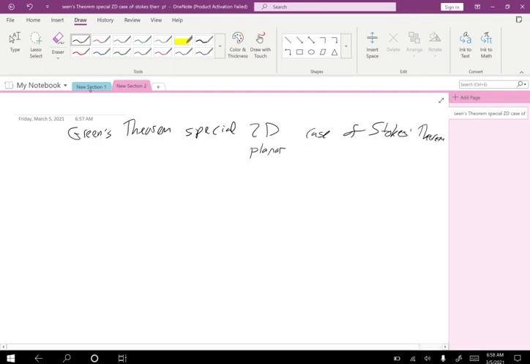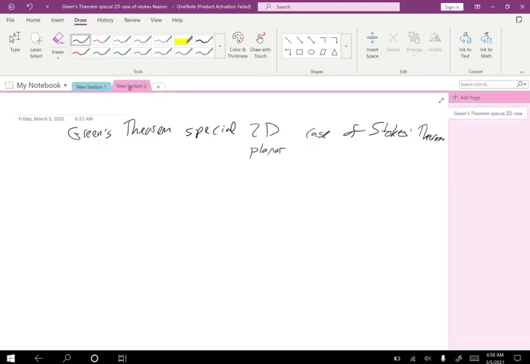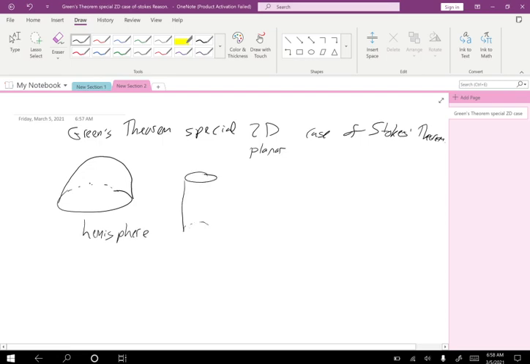Okay, and so what Stokes' theorem does is it allows you to use Green's theorem type techniques for curved surfaces. So for example, my favorite curved surface is the hemisphere. There are some other ones, like cylinders.